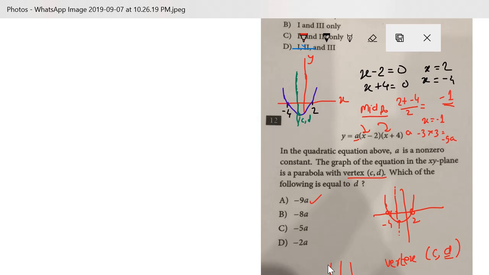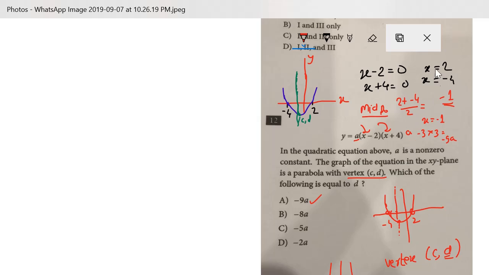Let me repeat the steps once again. Number one, I drew the graph. Before drawing it, I have to find out what the coordinates of the parabola are, as in where the two arms of the parabola cut the x-axis. The two arms cut the x-axis at x equal to 2 and x equal to minus 4.